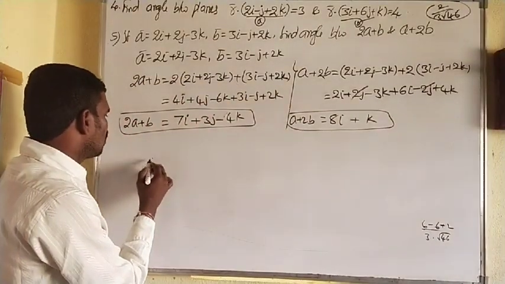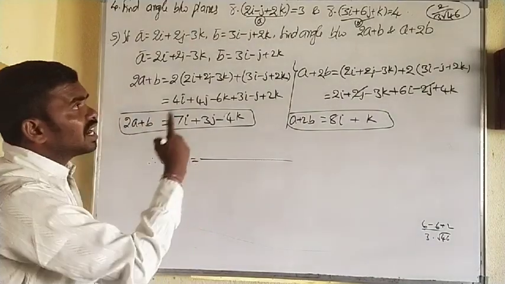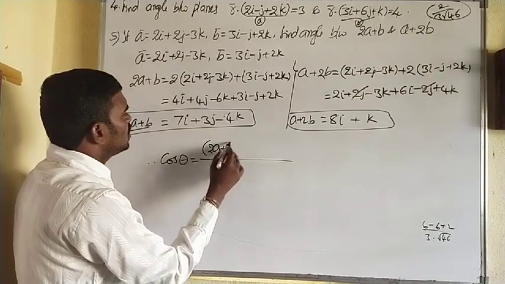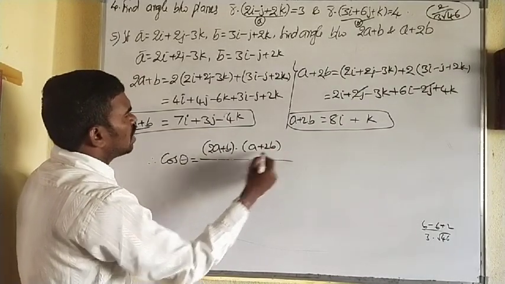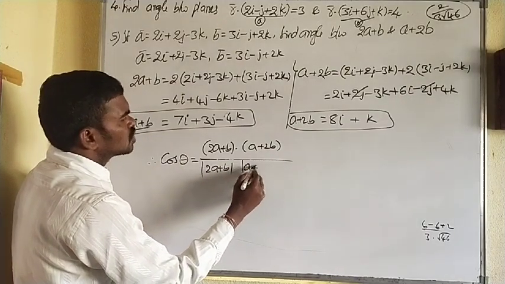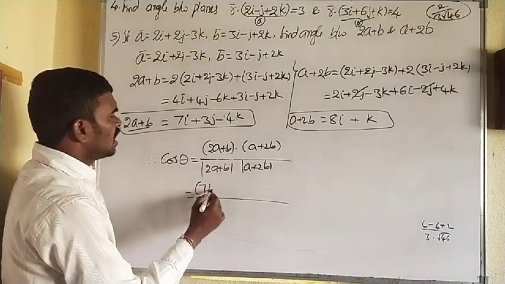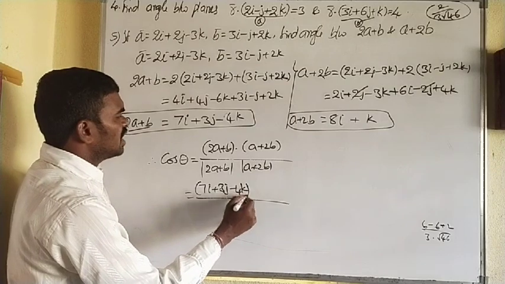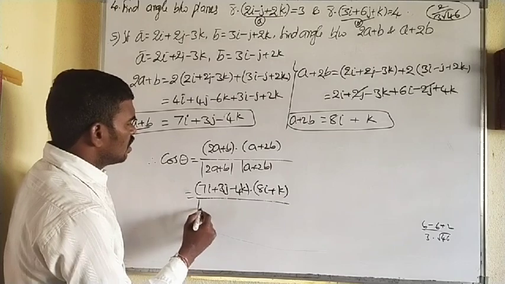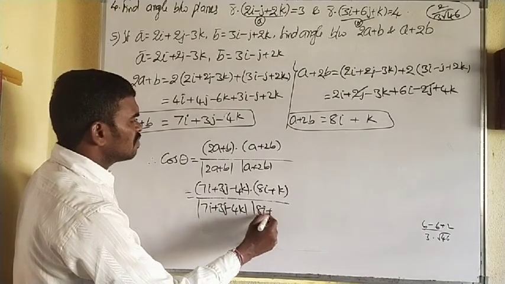Now what is the cos theta formula? Cos theta, here not between a and b but between 2a plus b and a plus 2b. Therefore cos theta equals 2a plus b dot a plus 2b by mod of 2a plus b into mod of a plus 2b. Okay, so 2a plus b means 7i plus 3j minus 4k, dot a plus 2b means 8i plus k, by modulus 7i plus 3j minus 4k into modulus 8i plus k.